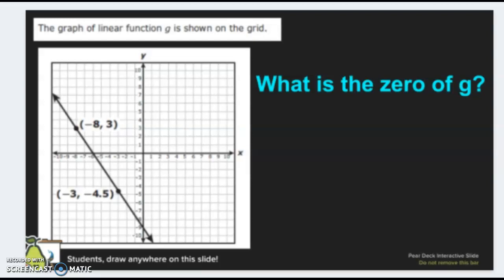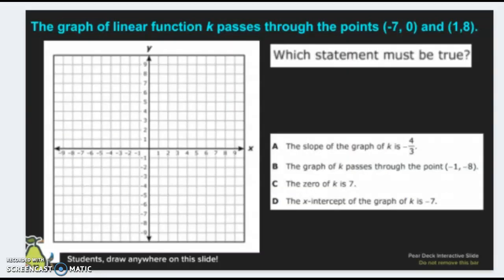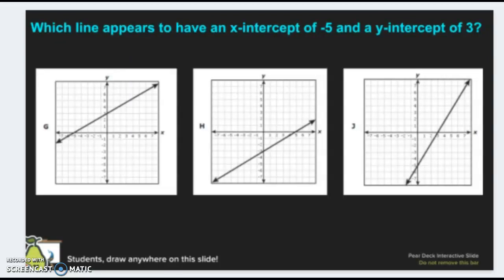In class we had about 2 minutes to work on each slide. If we needed longer, I of course extended the time, but that's how our class was set up. That was our warm up getting into class.